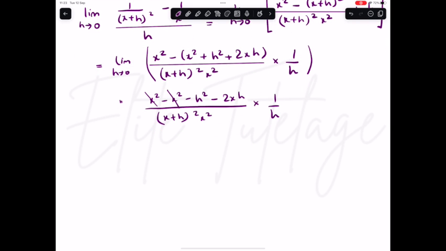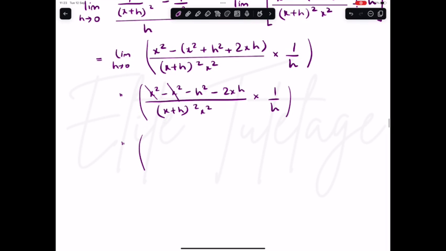And then I'm just going to take the h out, or minus h out. Okay, so h plus 2x over the same. Now that helps me cancel out the h's.